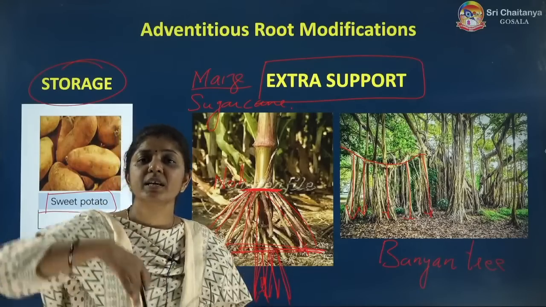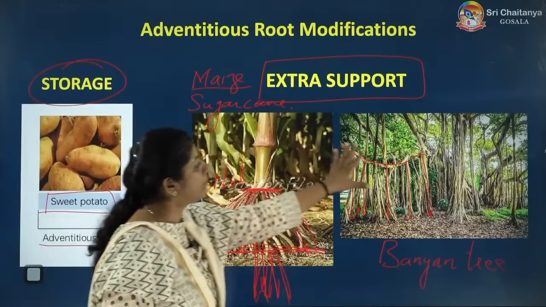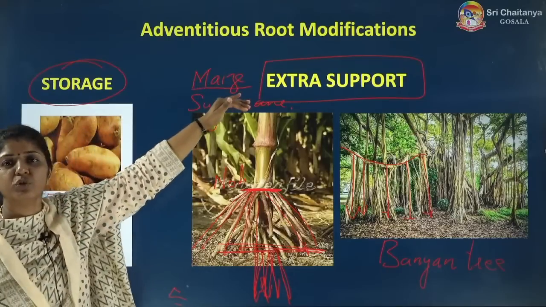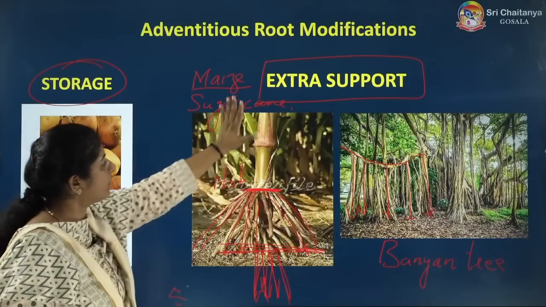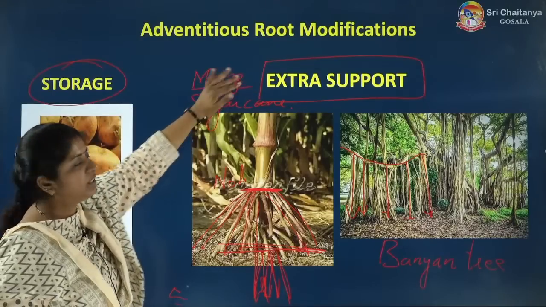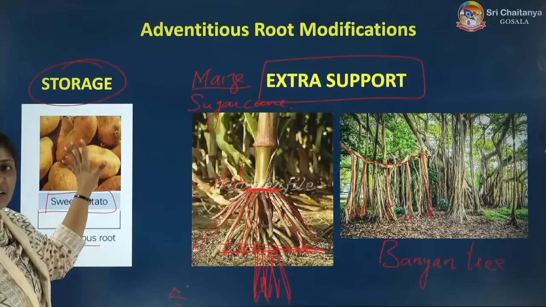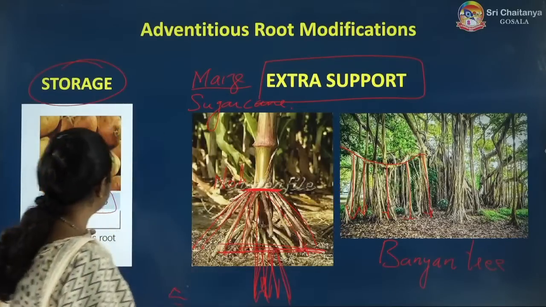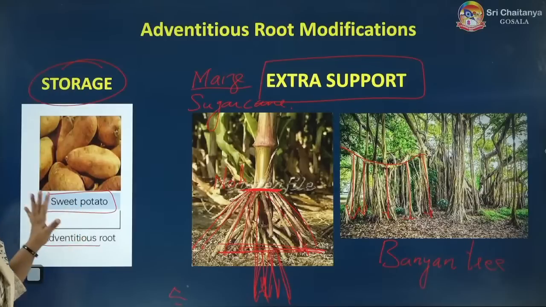The origin is other than the radical. What is that? Branches. That's why it is under the adventitious root modification. Here the origin is a stem. That's why again adventitious root modification. Here this is fibrous. Later it becomes what thing? Adventitious, but it is an adventitious root modification for storage.